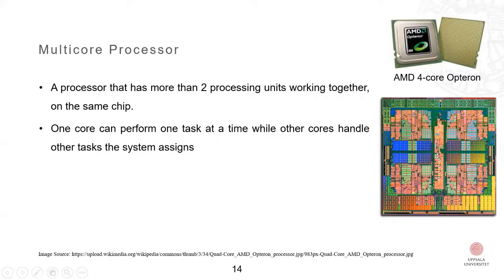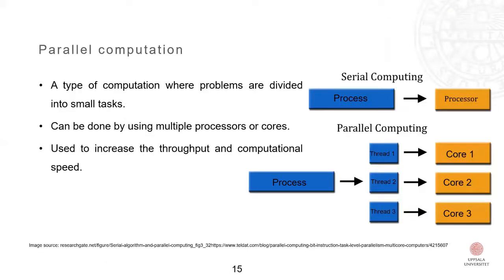Here on the right side, you see another multi-core processor, which is called AMD quad core, or 4-core, which has 4 cores. And in this picture, you see the 4 cores, and in between them, there are buses, memory, and other things that a processor needs. So when we have several cores, we can have parallel computation.